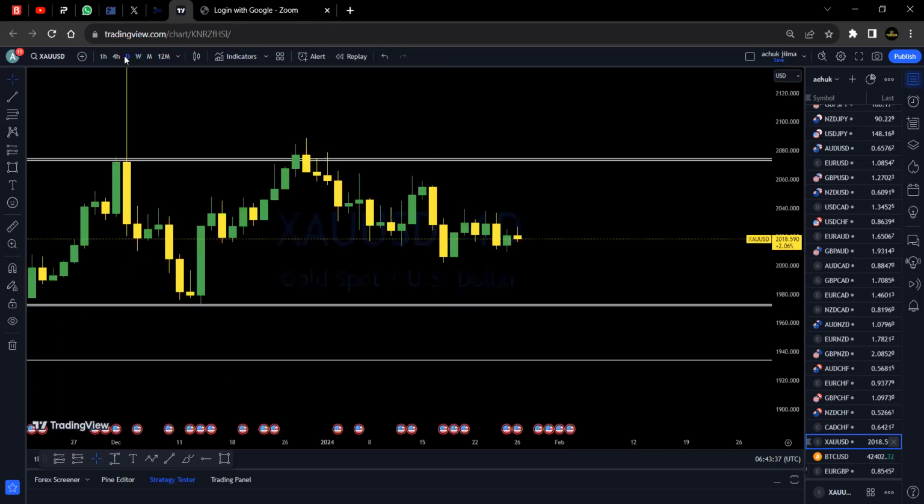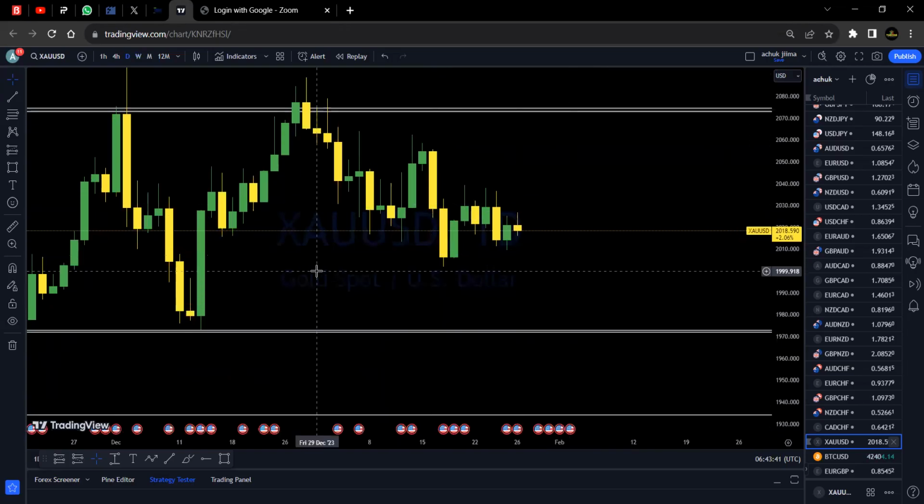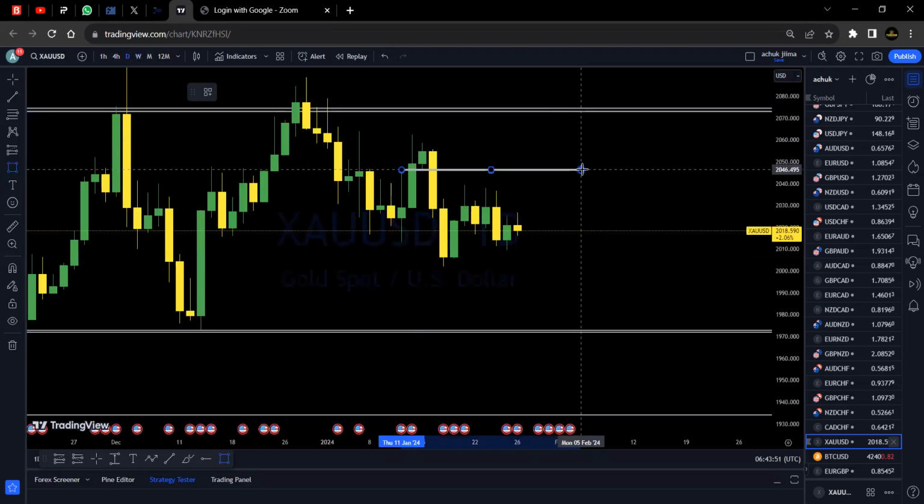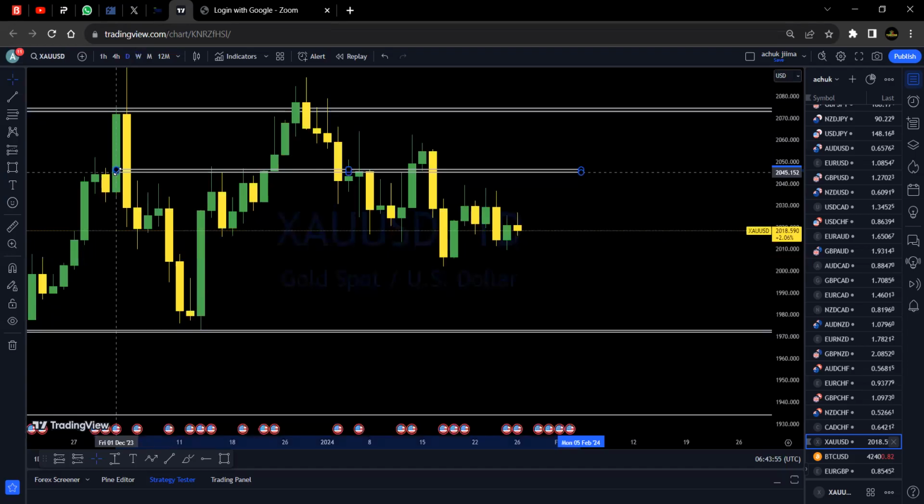And then on the daily, this is how it looks. On the daily, you can see there is a range, but in this range you need to mark that area of a breakout, which is this, which will act as our resistance area. Even if you extend it all the way up to here, you will see how price was being held around this region.